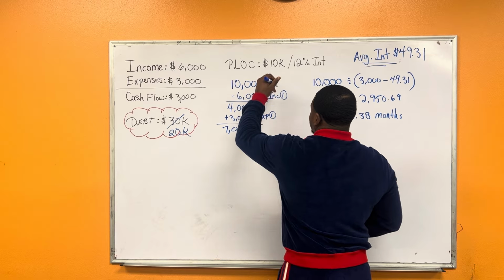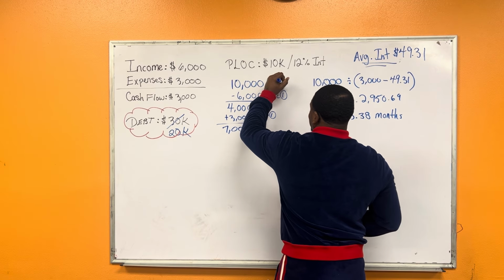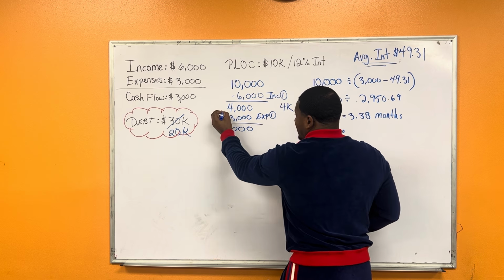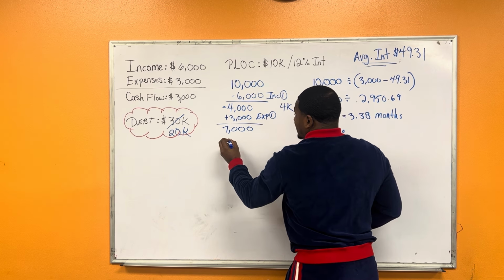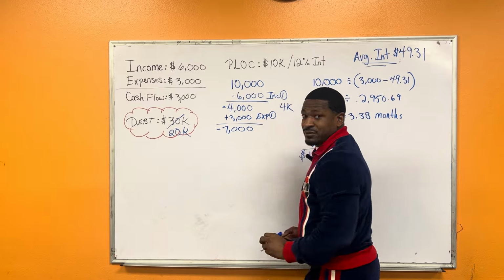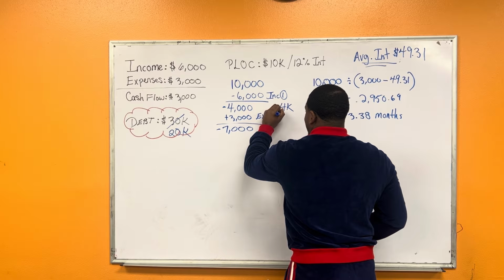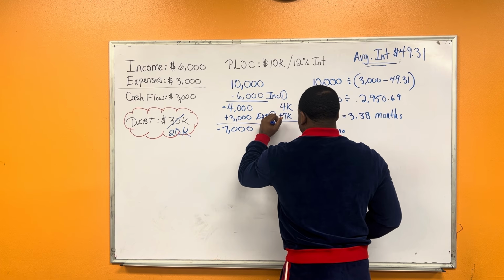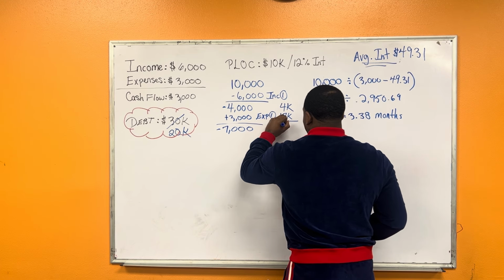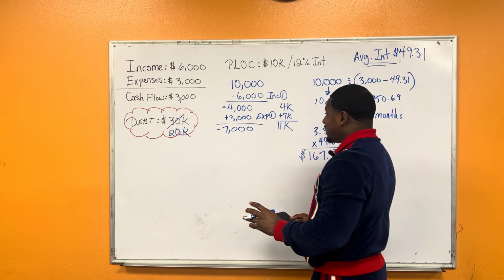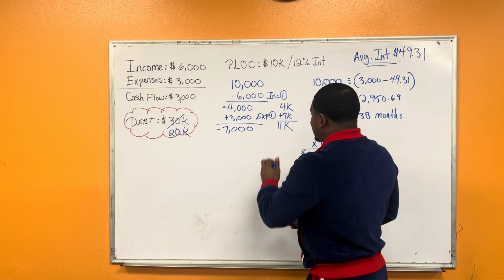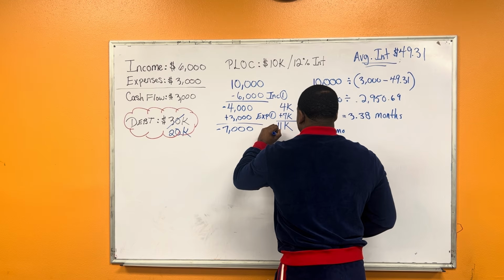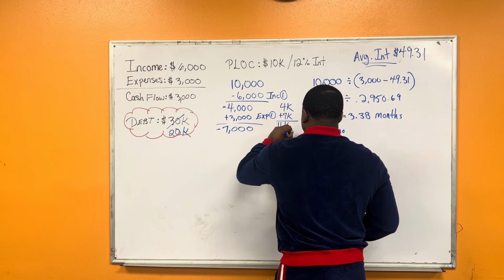We're going to do 4,000, plus this number. So 4K plus 7K equals 11K. And then we're going to take this 11K and we're going to multiply it by 12%.